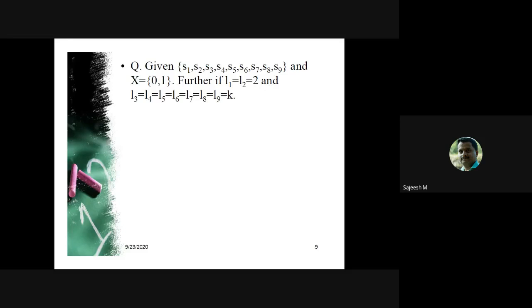And further, if L1 equal to L2 equal to 2, it means S1 and S2 are encoded into code words whose code word length is 2. And also given L3, L4, L5, L6 up to L9 are equal, that is a particular length k.